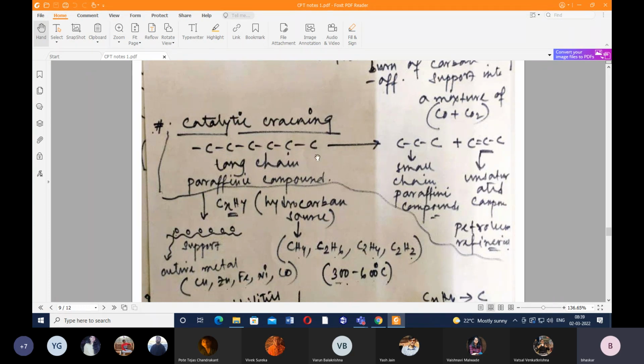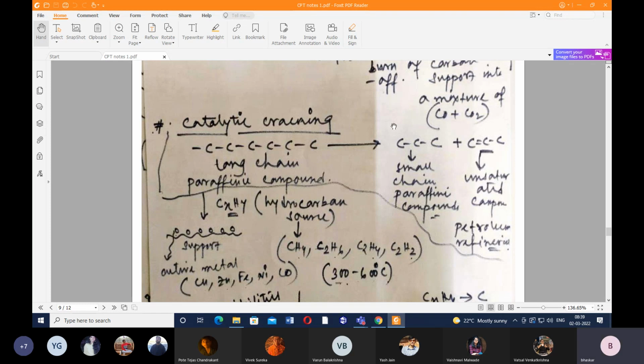So somebody just now told that when we have a long chain molecule, that will get converted into small chain molecules. So let's assume we are starting with a C6 compound. Breakage or cracking will take place from here, and we'll get two equal halves.